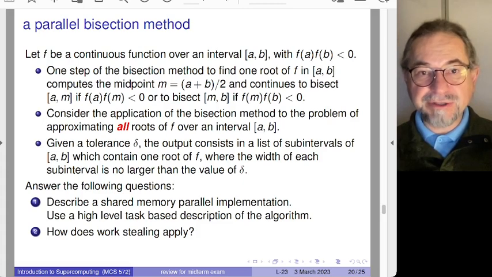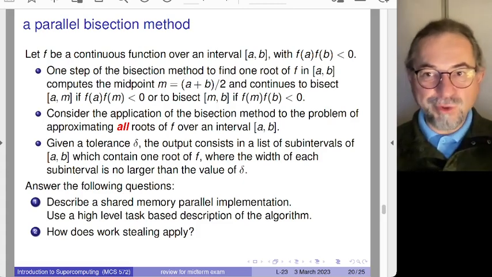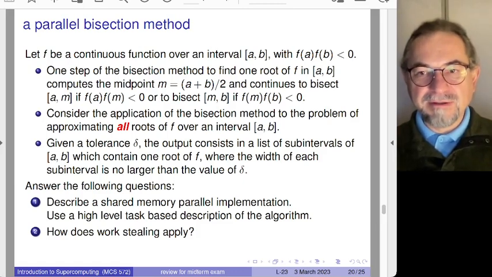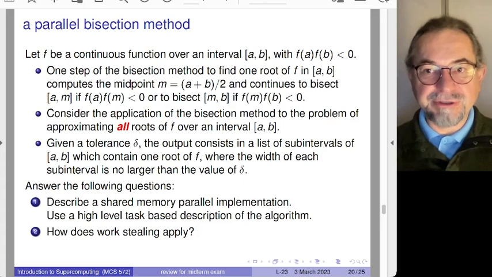If you run the bisection method, you could again see this. We had the other work stealing question with the game tree. Something similar may happen here if actually the sign changes are.